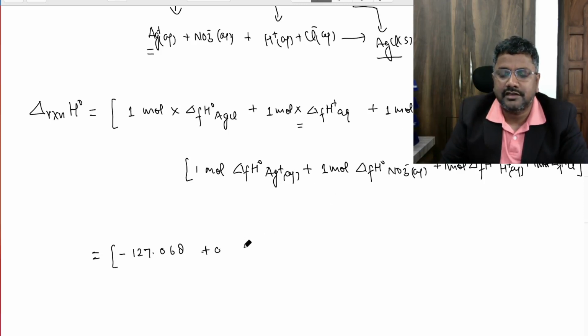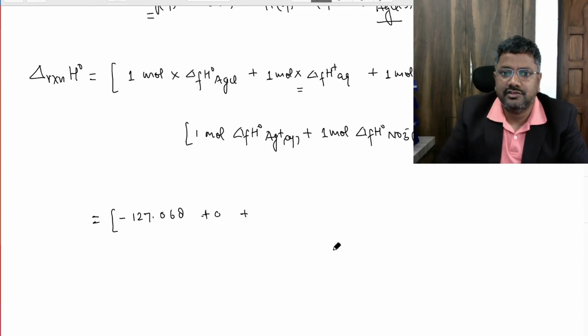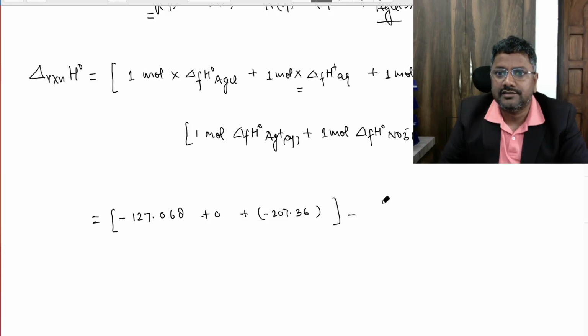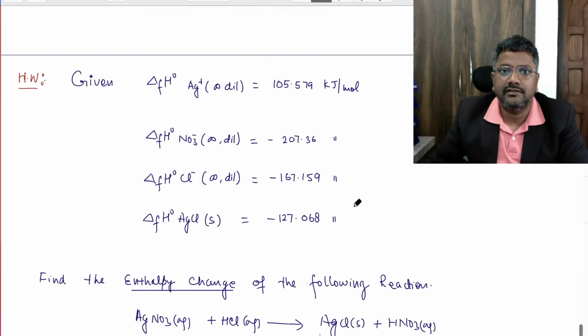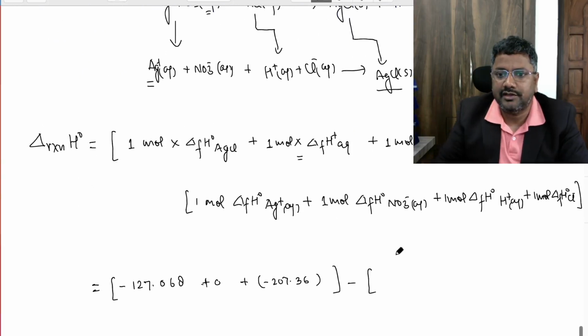For nitrate, I think it is given as minus 207.36, right? Minus Ag plus, what is given? Ag plus is 105.579.